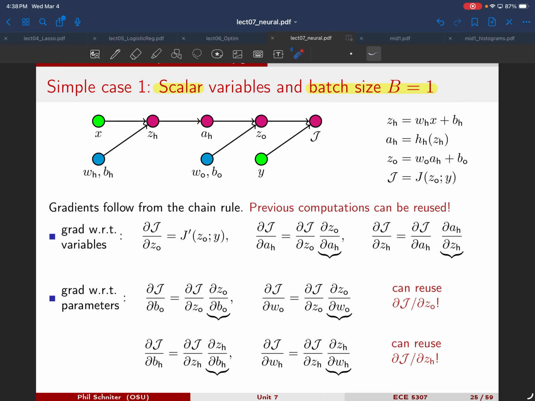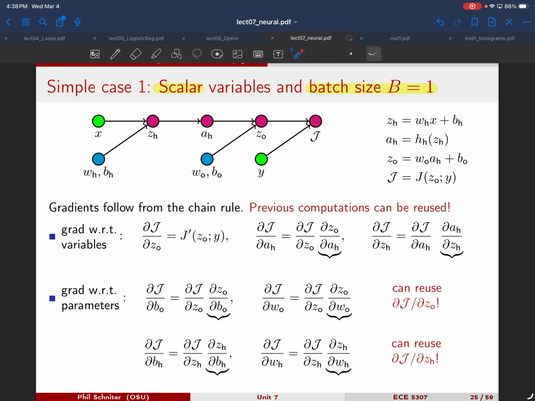Okay, so the very first thing to do is dJ dZO. So here's our script J. We want to take the partial derivative of this with respect to ZO at the point ZO that we computed in the forward pass.